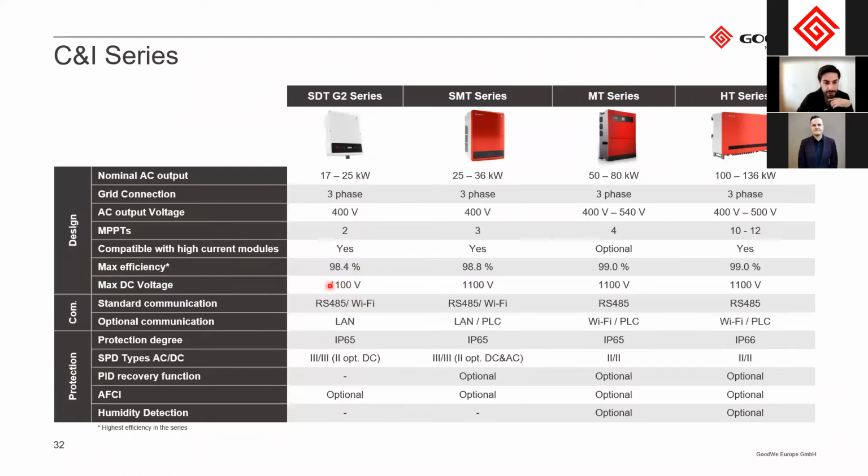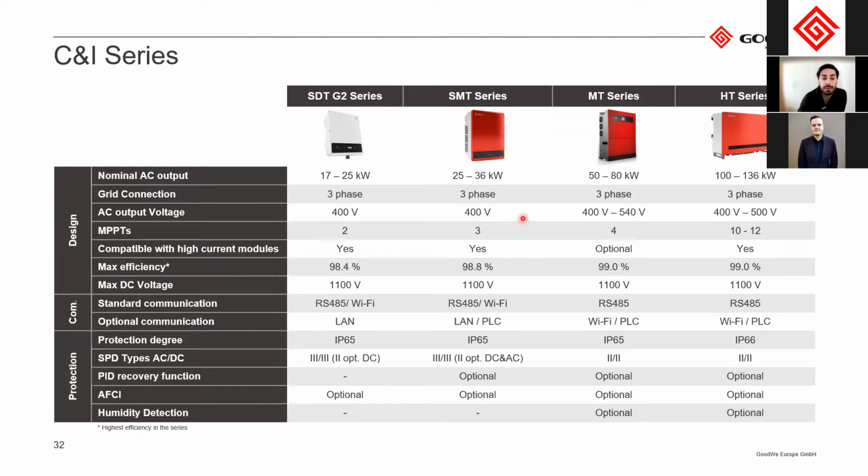As you see here, it also has a bit higher DC voltage now, but otherwise it's quite similar to the other ones. The different series that we have here are the SMT, the MT and the HT. I know it can be a bit difficult with all the names, but if you remember the size, it's mainly one inverter series per size, which makes it easier.